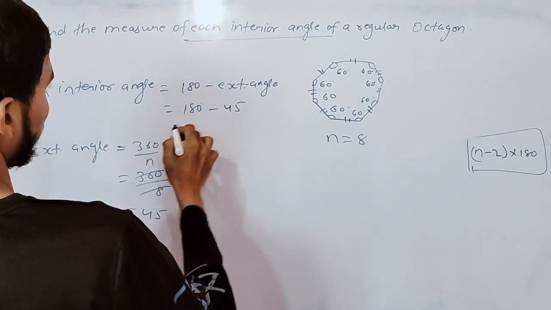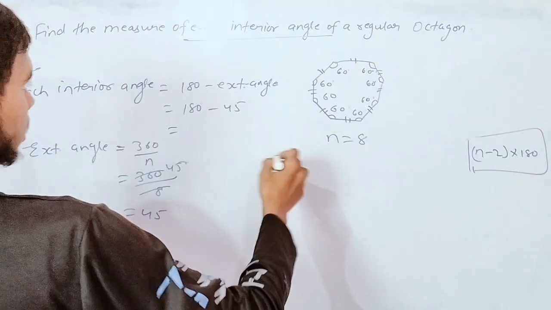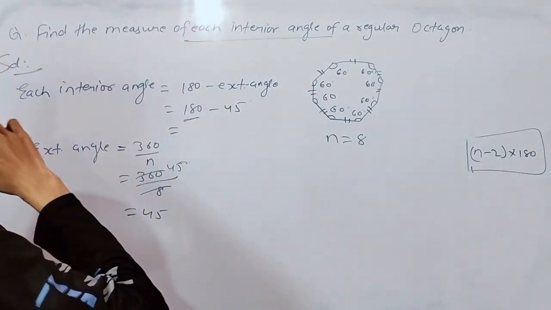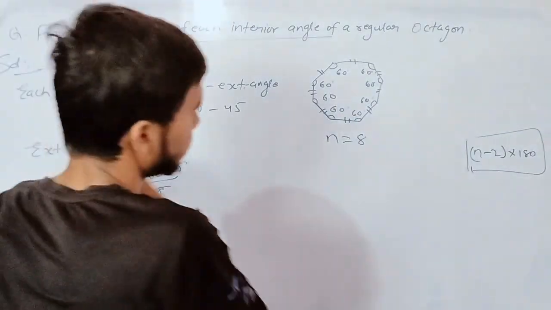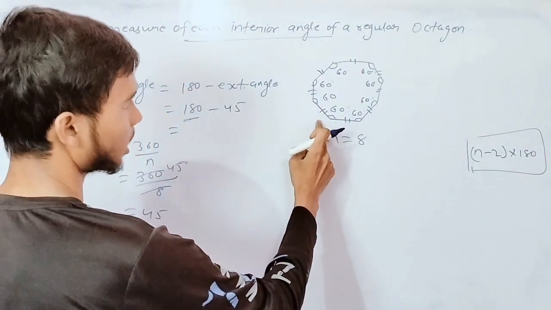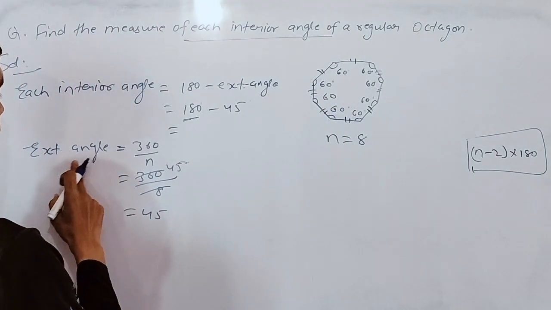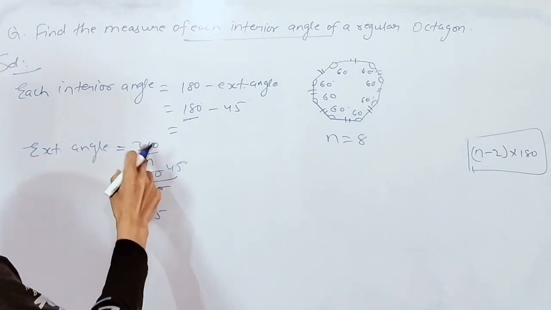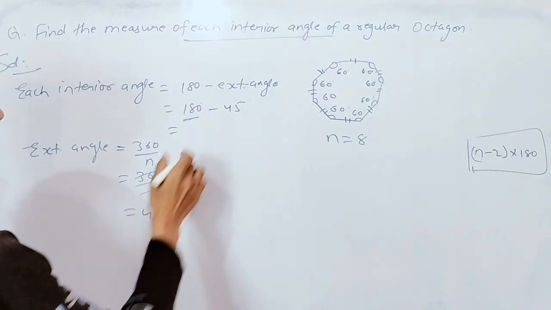Now from this 45 we will get each interior angle. Let's say the sum of this and this is how much? 180. If we subtract this exterior angle, then we will get this. So how do we find each exterior angle? 360 upon n. That's how you will find it.